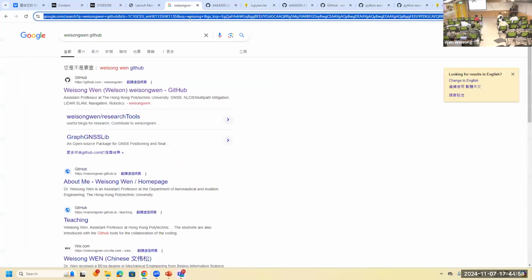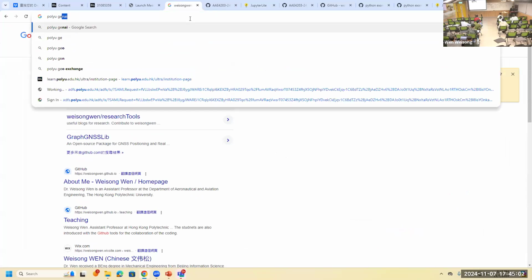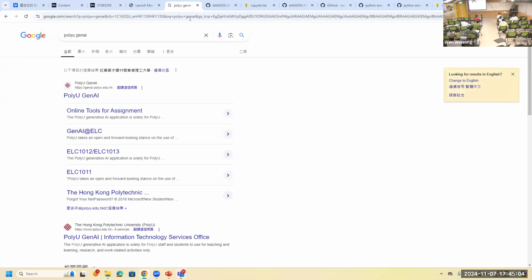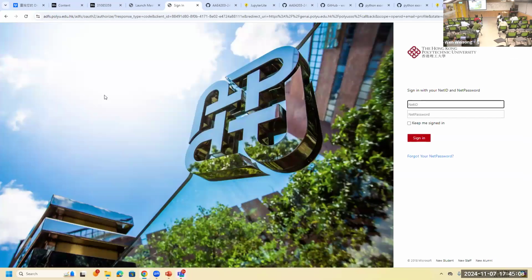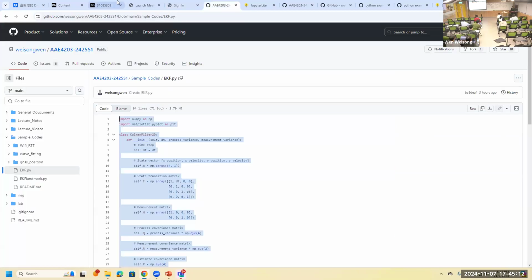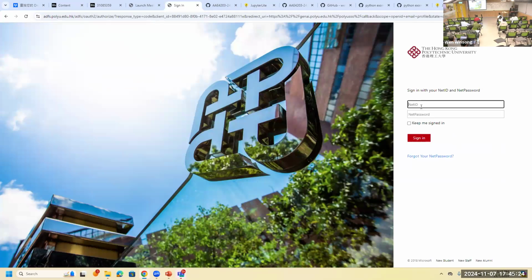And also, I want to emphasize that you can take this chance to make use of GenAI. If you feel like this example is not good enough for you to fully understand Kalman filtering, you can ask ChatGPT.